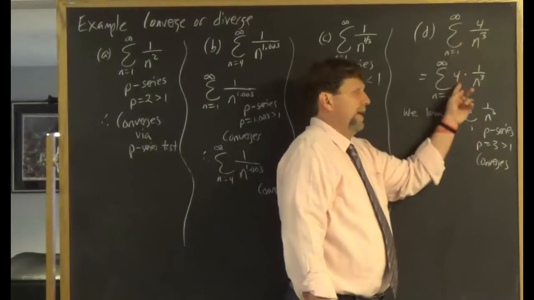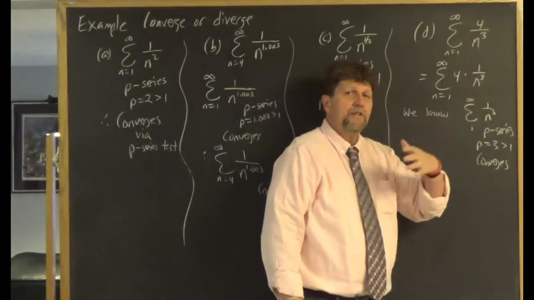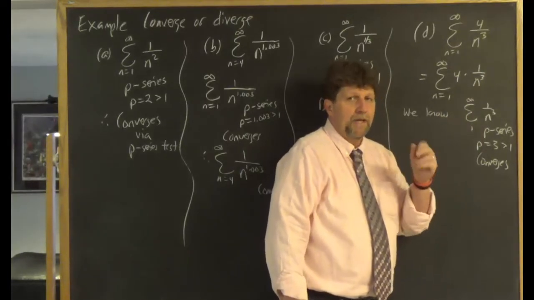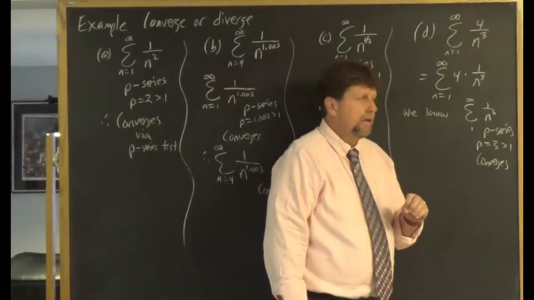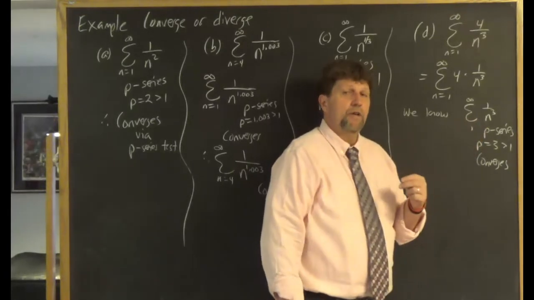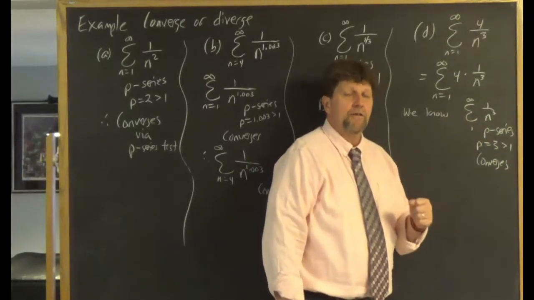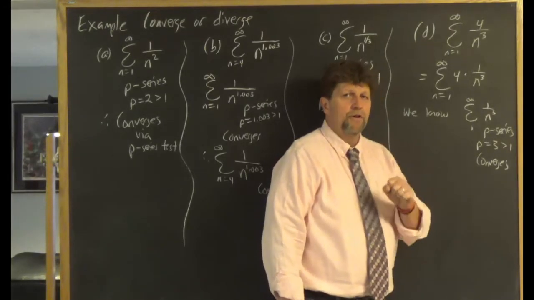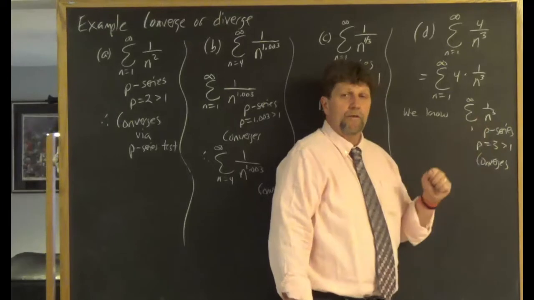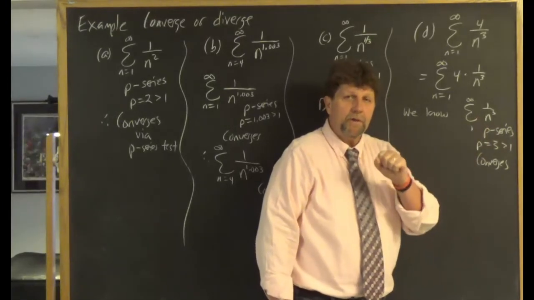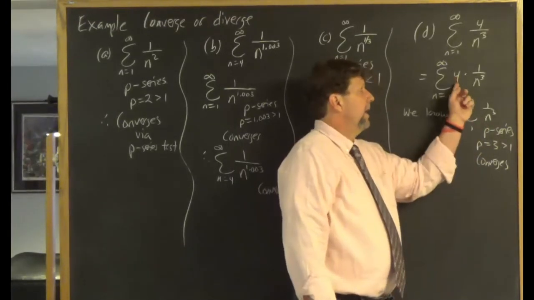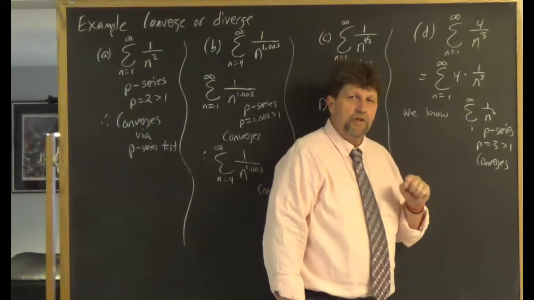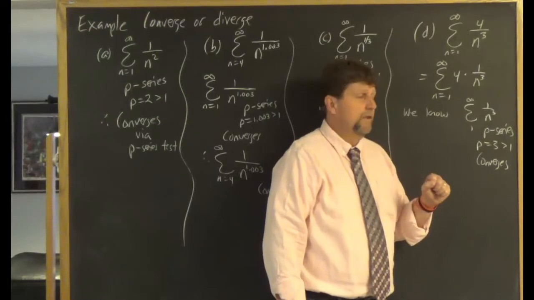See, there's a 4 in here. Our definition of a p-series isn't any number over n to the p. It's 1 over n to the p. So we know the series 1 over n cubed converges. Taking a known convergent series, like 1 over n cubed, and multiplying it by a constant does not change the convergence or divergence.